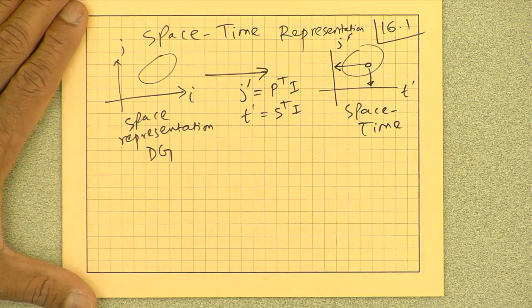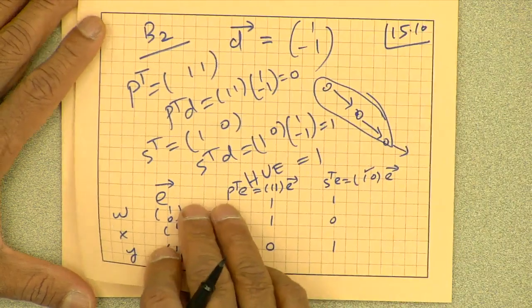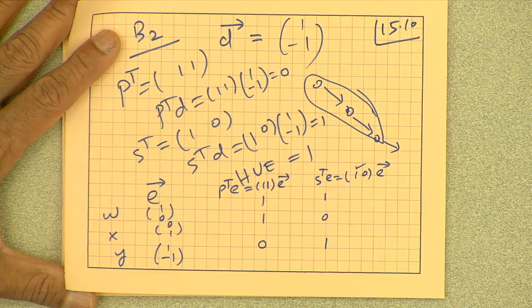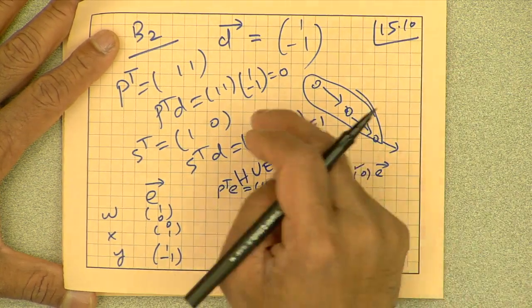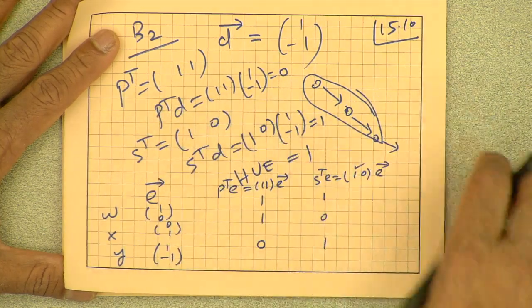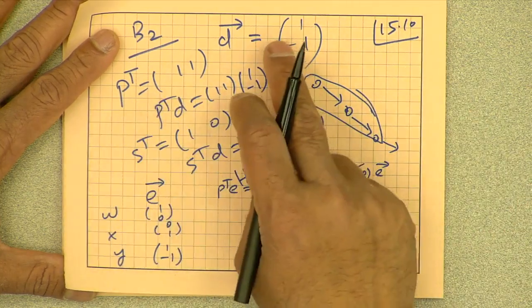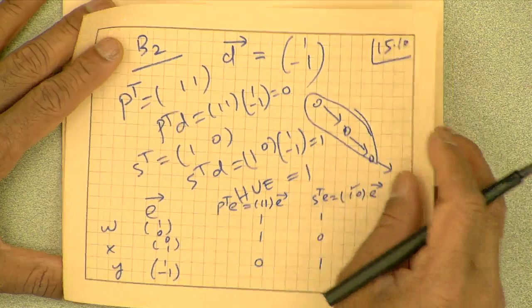Let me give you one example, and we won't go through many of them, you will do some of them in your homework. Let's look at this so-called design B2, which had these three parameters: P transpose, D and S transpose.